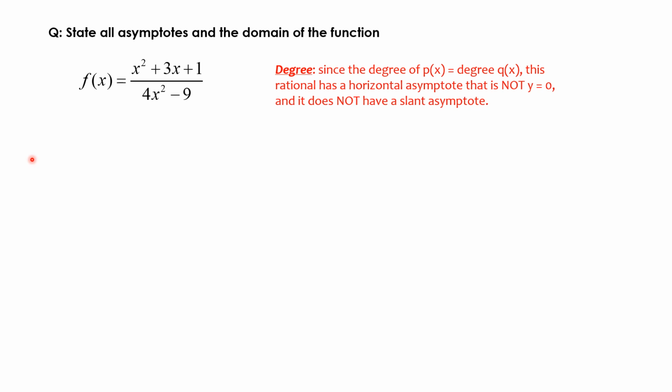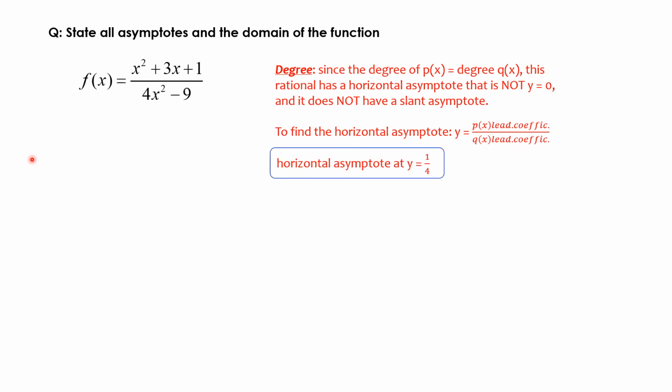It's not an oblique, and it's not the easy one straight through the x-axis. Remember, you take the p of x leading coefficient divided by the q of x leading coefficient. So in this case, we've got a horizontal asymptote at y equals 1/4. Hopefully everybody got that. If you did, give yourself a pat on the back. That's the main focus of today, looking for these asymptotes.